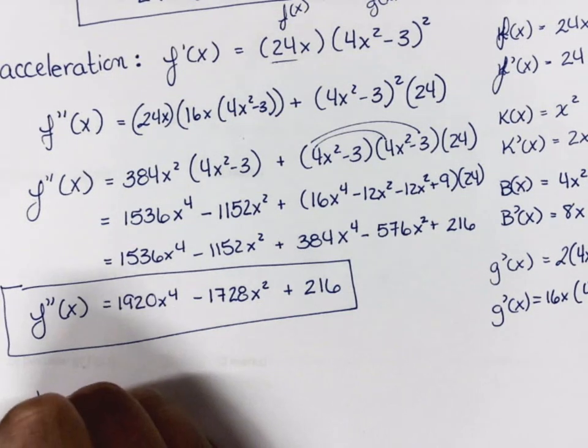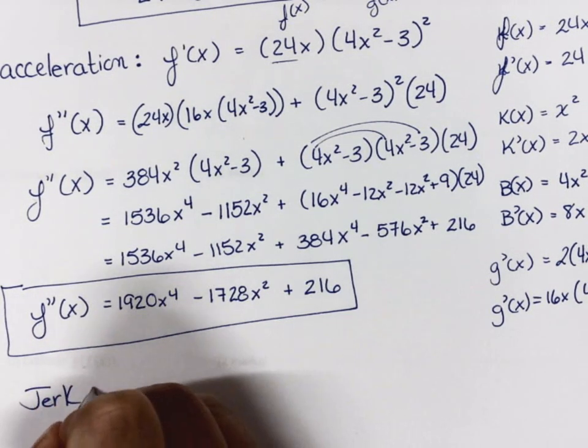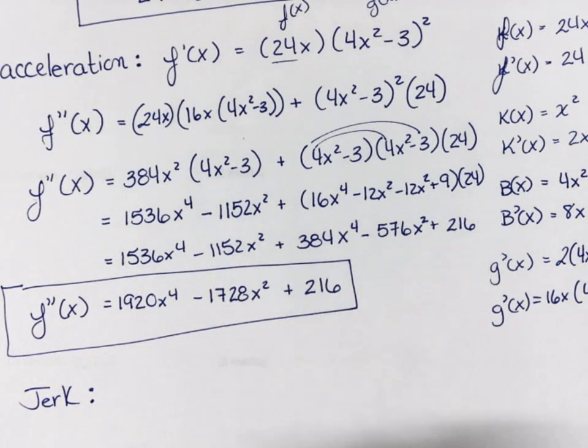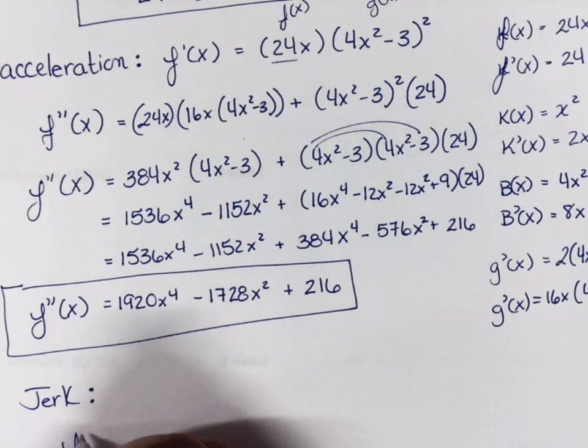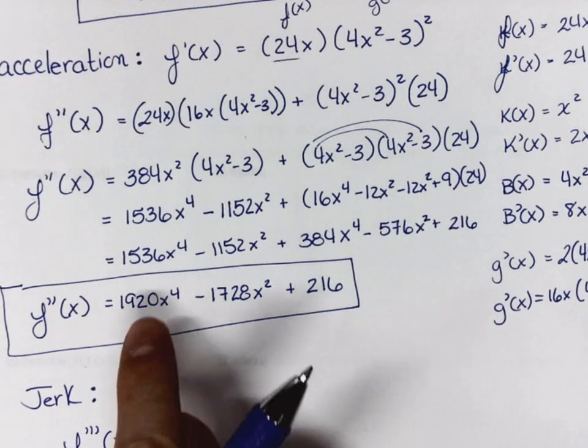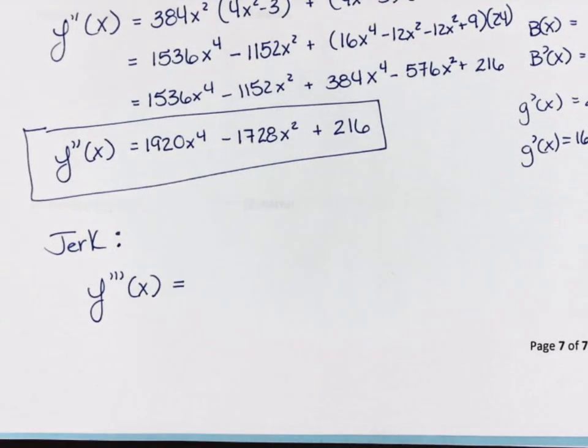And so now we're gonna do the jerk motion. So we're gonna do the third level derivative. So 3 prime symbols. And the nice thing about this is we can just use basic rules. There's no composite functions here. There's no chain rule to be had. So we're just gonna go ahead and do the quick rules.